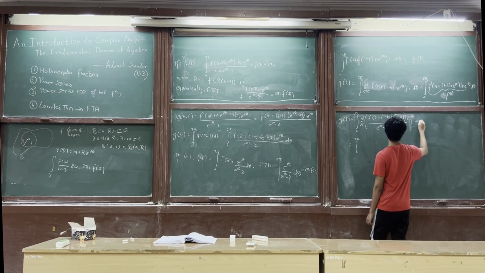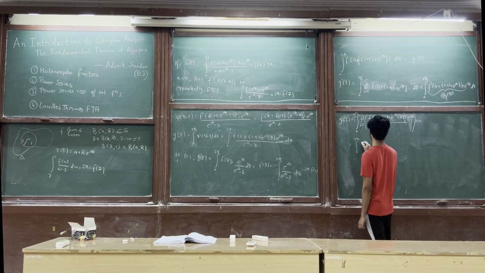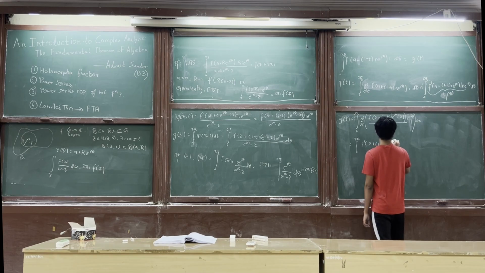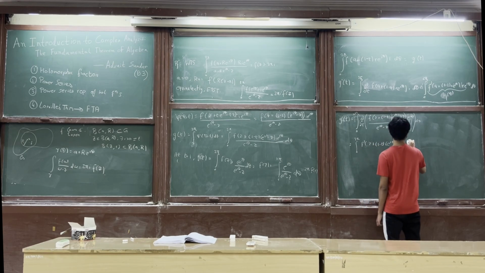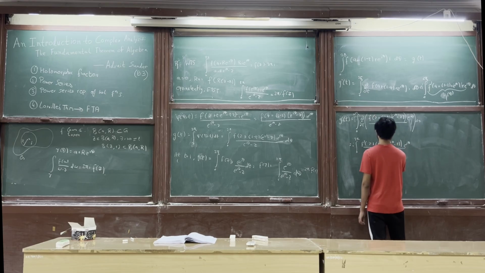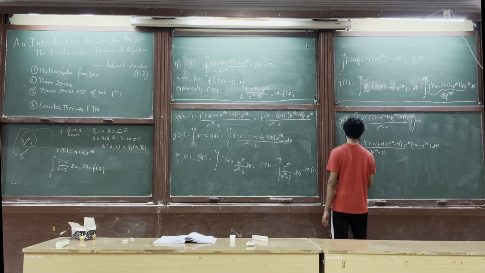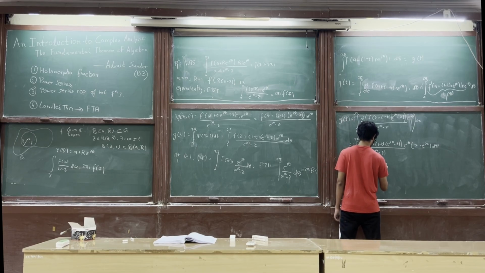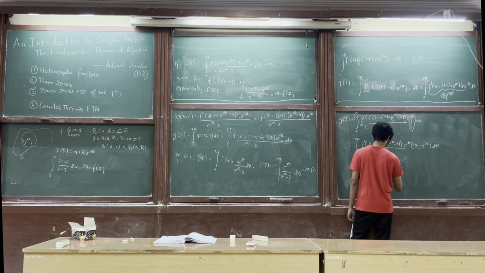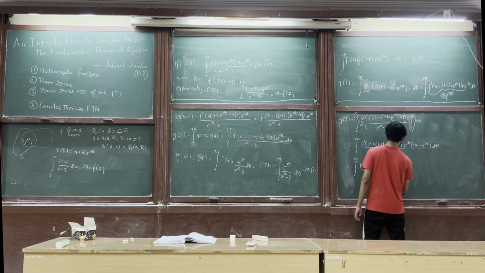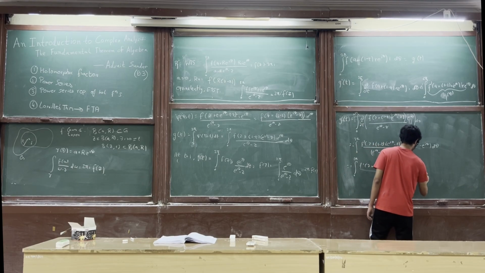So, right, what is this? We find that this is f prime of z plus 1 minus t times e to the i theta minus z, times i e to the i theta.